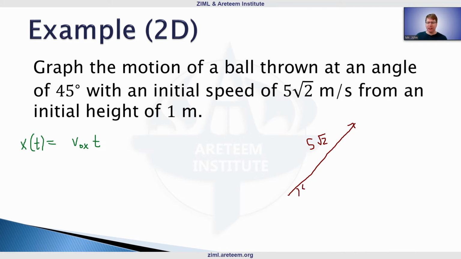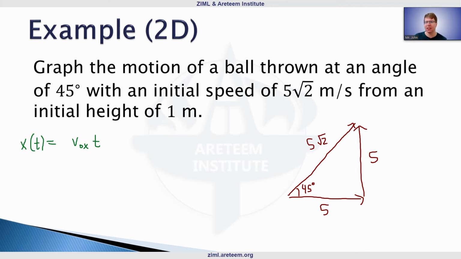But even though this is a speed, we know that it's this 45-degree angle. The speeds actually work just like distances in a sense. We can break down this speed just like you would draw a right triangle here. This is a 45, 45, 90 triangle.